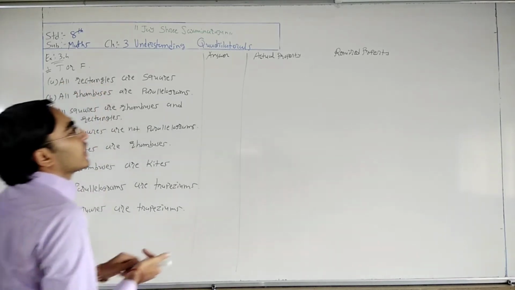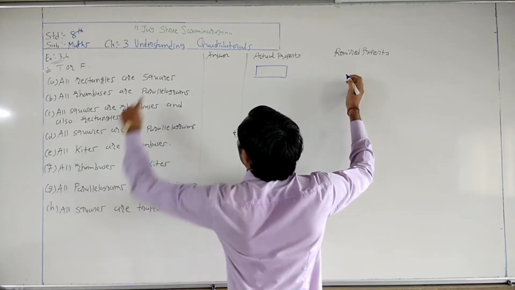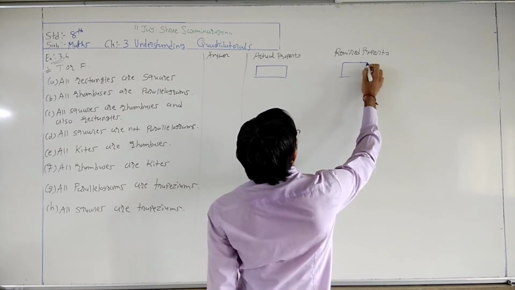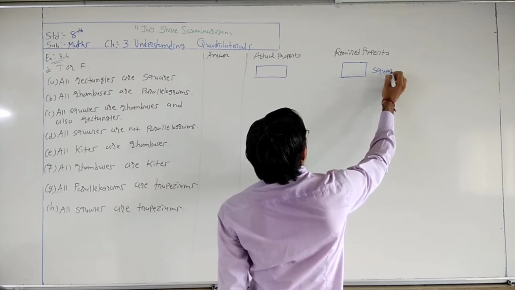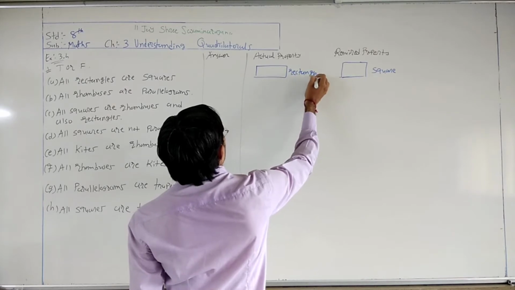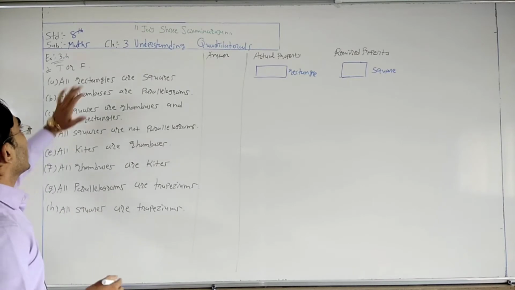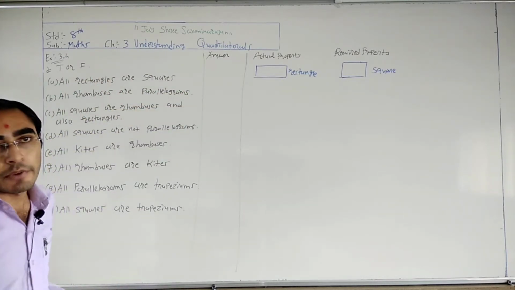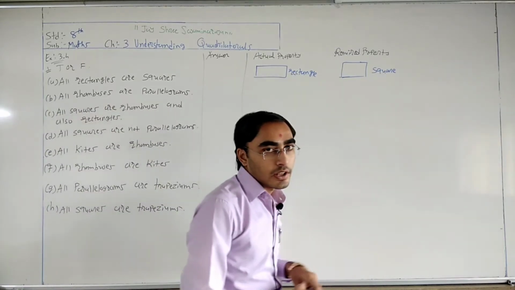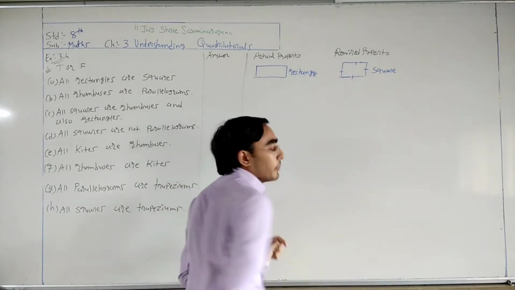Here, all rectangles are square. Rectangle is the actual property, and for the required property, square. Square is the required thing, and rectangle is what we actually have.